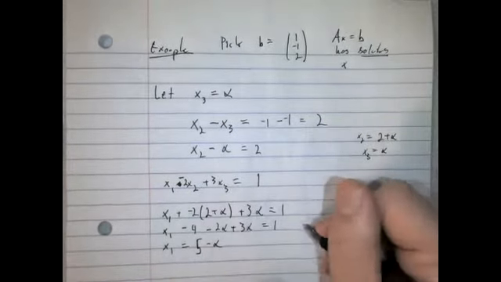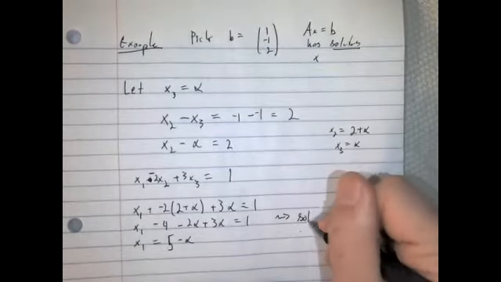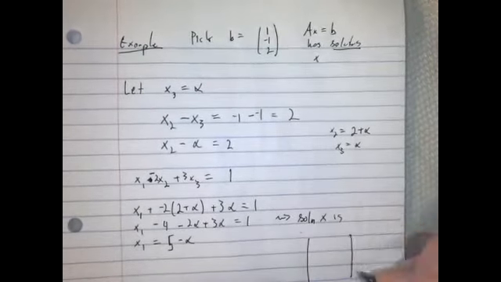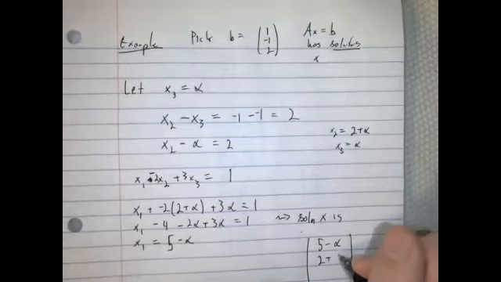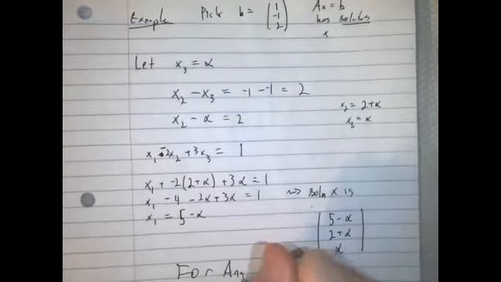So in the final count, what I get is that the solution x is 5 minus alpha, 2 plus alpha, and alpha for any alpha.